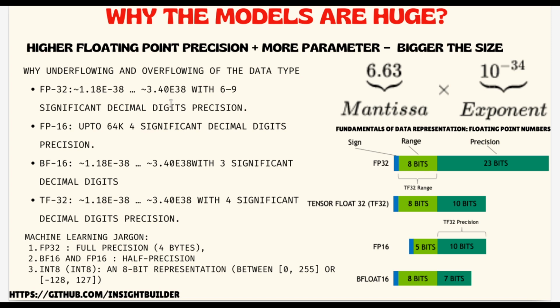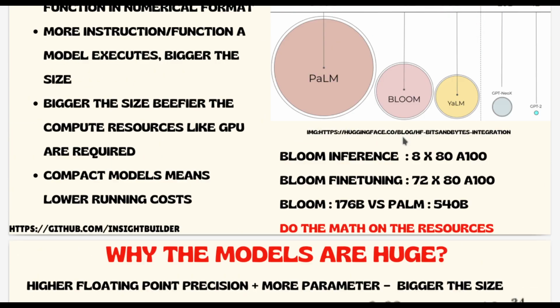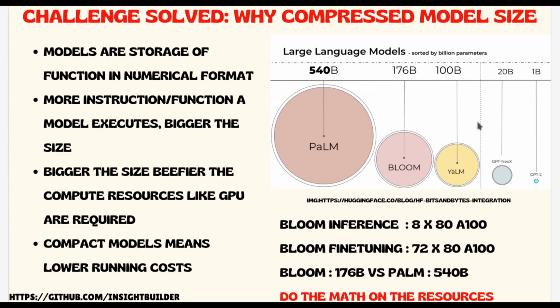Next, what you need to understand about the model is that the model is a storage of functions. For example, Bloom or PaLM or whatever model it is, it actually stores the functions, meaning it stores the instructions and its results. If I say a plus b, that is actually the addition of a and b.